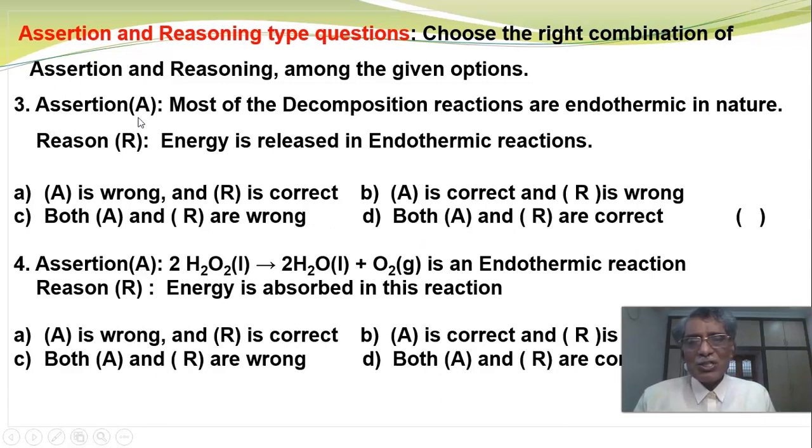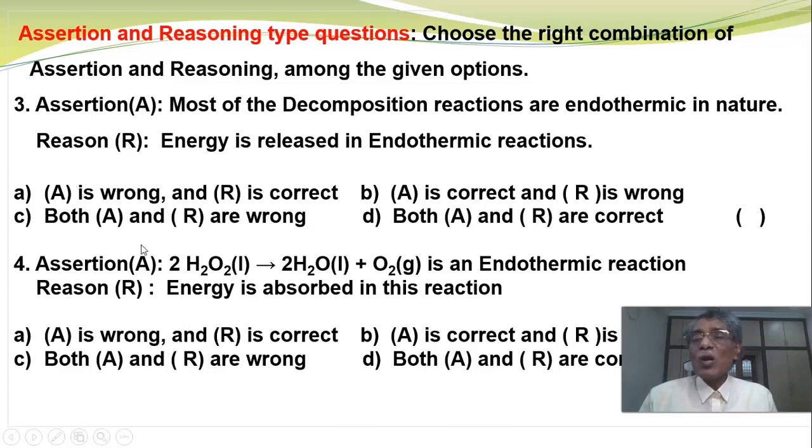Assertion, which is denoted by capital A here: most of the decomposition reactions are endothermic reactions in nature. Reason, denoted as capital R: energy is released in endothermic reactions. So, assertion is given A, reason is given R.